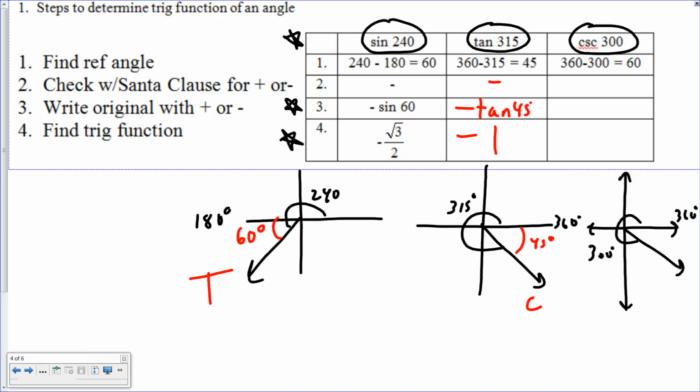And so this right here is 60. Again, Santa Claus in that quadrant. I go back, fill in the table. I have, for number 2, sine is going to be negative here. I go back and I rewrite it. Negative cosecant of 60 degrees.